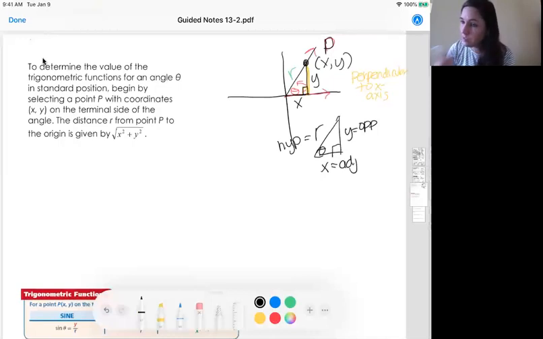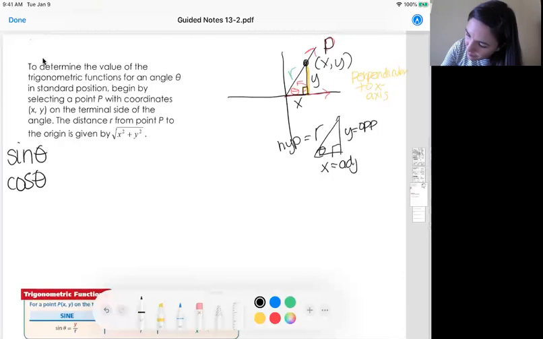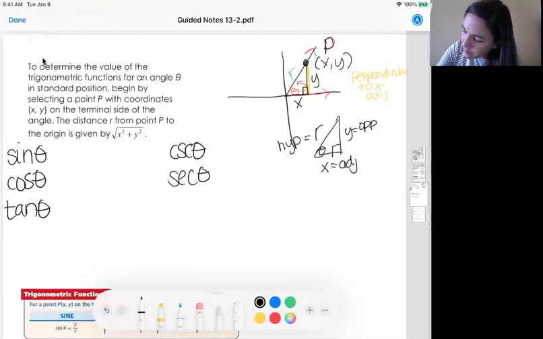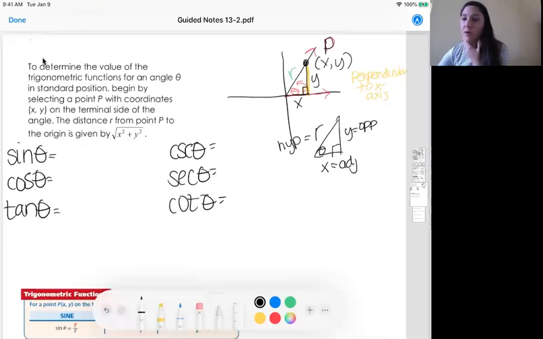So I'm going to list them out here. I have sine, cosine, tangent, and then cosecant, secant, cotangent. Remember, sine is opposite over hypotenuse.